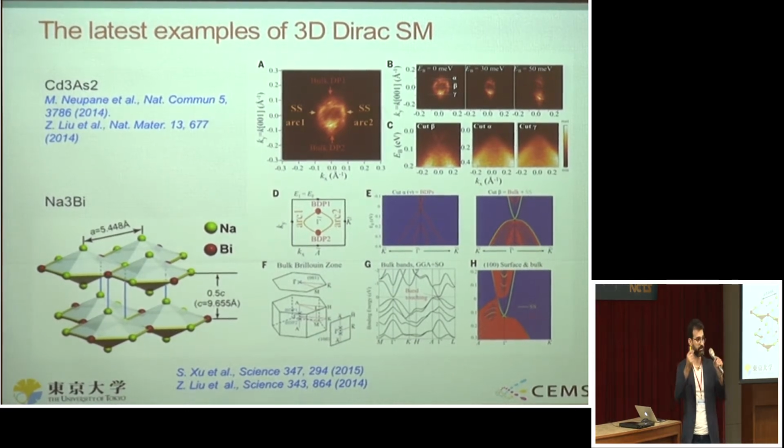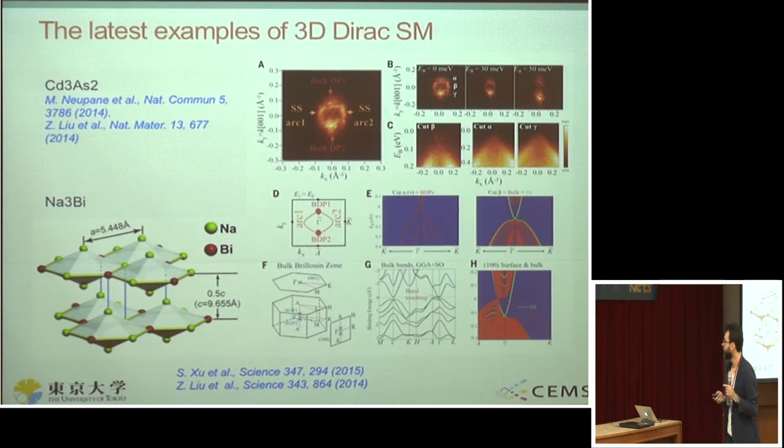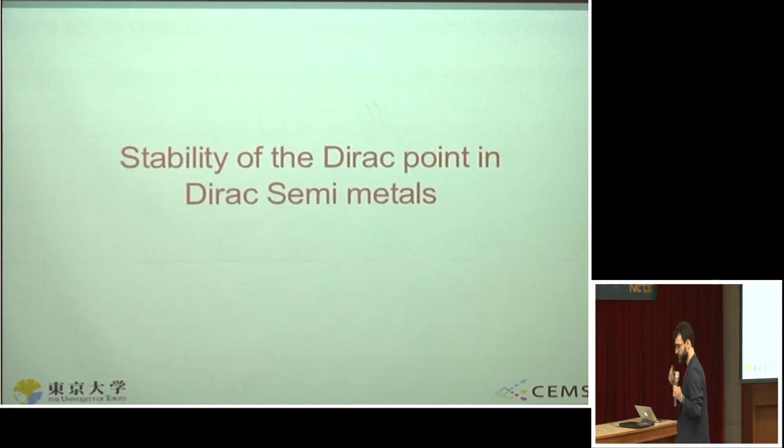The appearance of these two Fermi arcs is exactly because we have fourfold Dirac cones in our bulk. So you have one Fermi arc here and the other Fermi arc here, which connect these Dirac cones to each other.